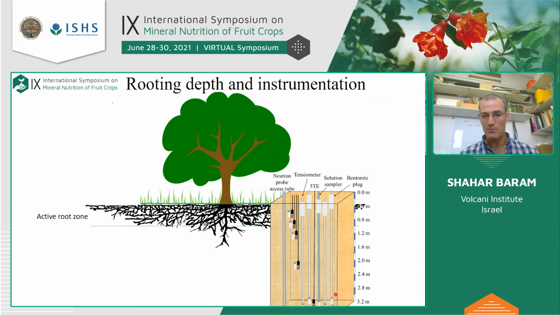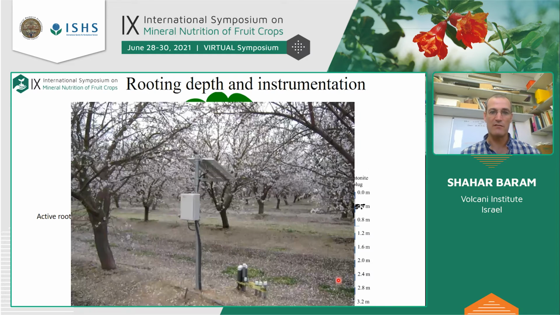And at the end, at the depth of 2.9 to 3 meters, we installed an array of 2 tensiometers 20 centimeters apart, so we can get the hydraulic gradient, a solution sampler, and a water content sensor. This way we could get the in situ retention curve, and what is the chemistry of that water. And with that, we can estimate the leaching fraction, or how much water and nitrogen is lost below the active root zone annually.